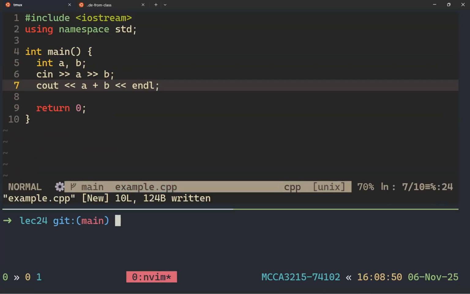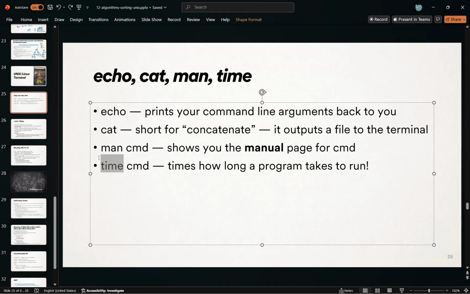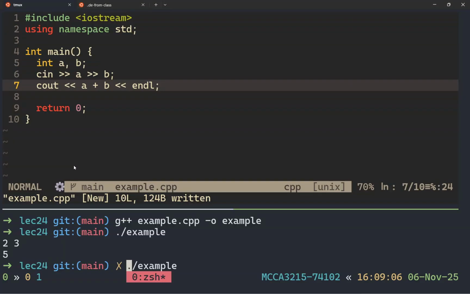There's my example.cpp. So instead of just running it by itself, we could give it to time. Say time and then give the same command, and we'll time how long it took to run.